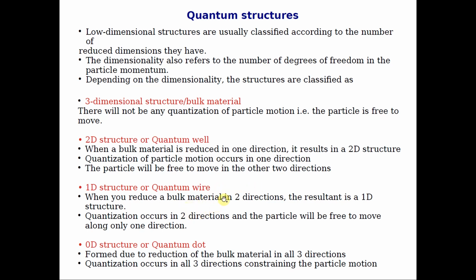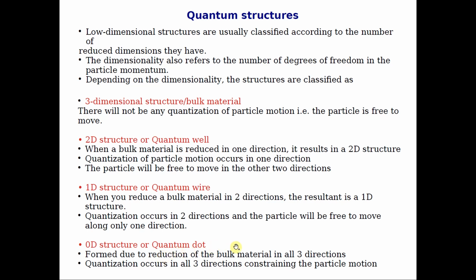And what happens here? Since we have reduced in two directions, the quantization or confinement of the particle, the movement of the particle, will be restricted in two dimensions, and it is free to move only in the leftover one dimension. Last, we have a zero-dimensional structure, which is also called a quantum dot.